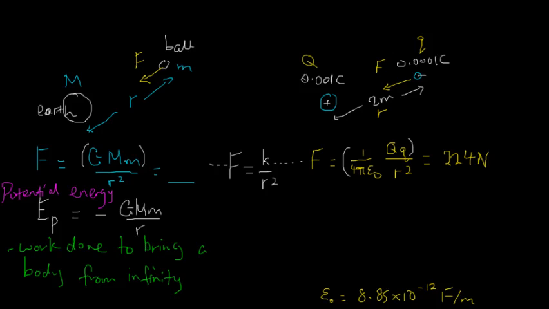Now let's be more precise about this. When we say potential energy of a body like the ball, we have to refer to a particular position. So in this case, maybe a distance r from Earth or from some other mass.